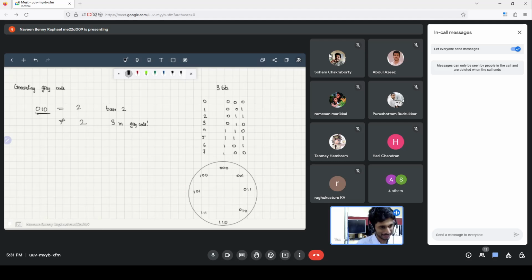If I'm honest, I'm also verifying that I'm correct while going through this, because it would be a little awkward if I make a mistake here. But yes, you can see that no matter where you're going, there's only one bit changing. This is fine, right?